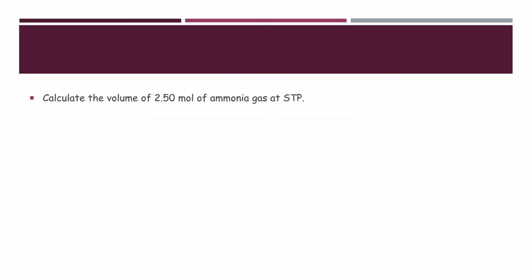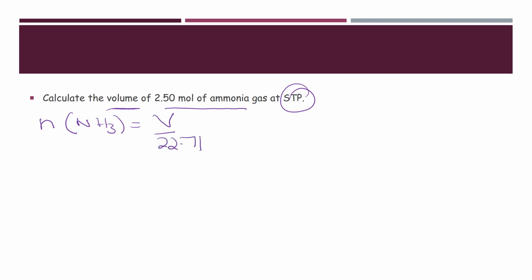Now let's try another example. We're going to calculate the volume of 2.5 moles of ammonia gas at STP. So using our formula, number of moles of ammonia is equal to V over 22.71. The number of moles is 2.5.